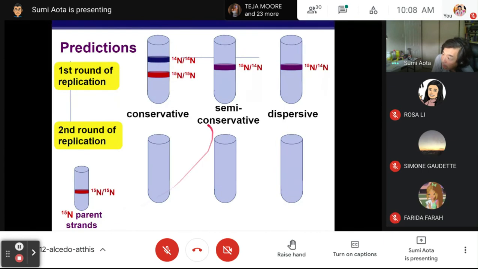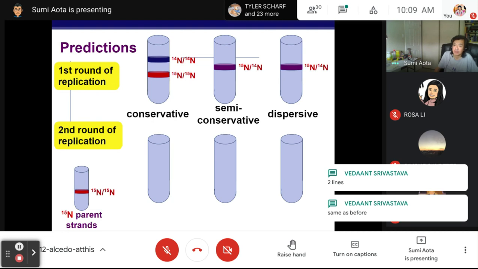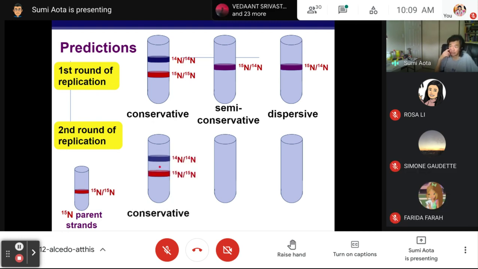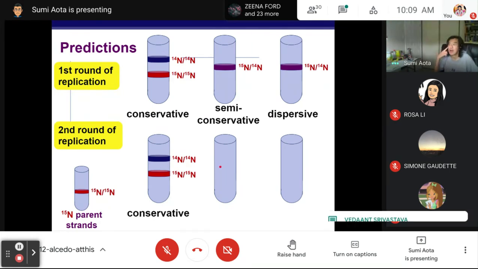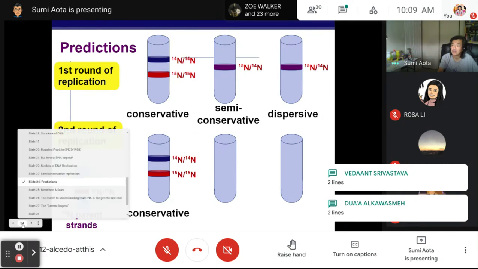All right. Under conservative replication, what should you see after 40 minutes? Same as before. What should you see under semi-conservative? Definitely you're going to get N15/N14, but let's take a look.